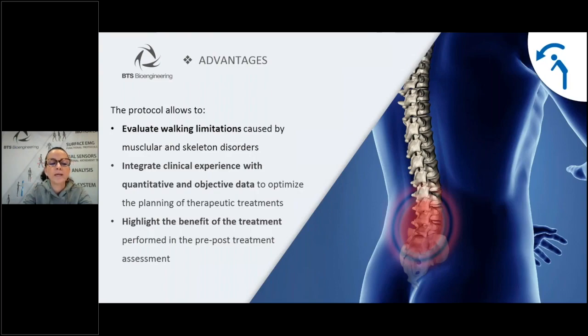Obviously, the instrumental evaluation must be integrated with the clinical experience, and it can provide quantitative and objective data to optimize the planning of therapeutic treatments. Finally, in the pre-post treatment evaluation, it's possible to quantify the benefit of the treatment performed on the patient.